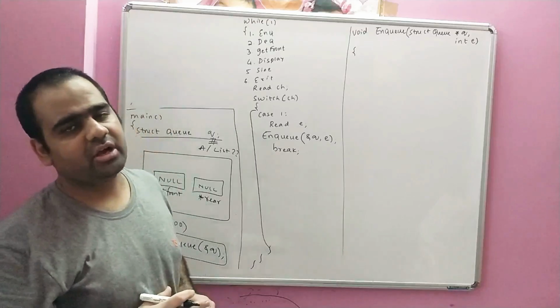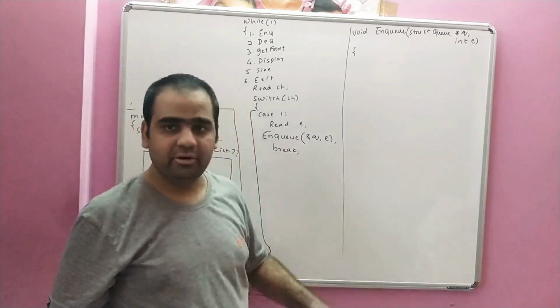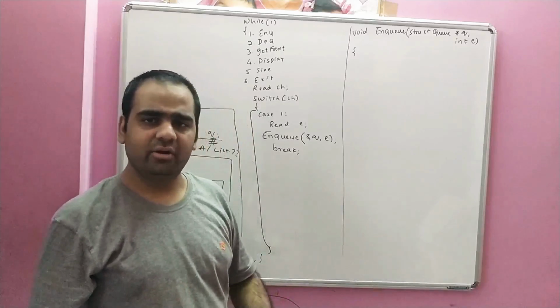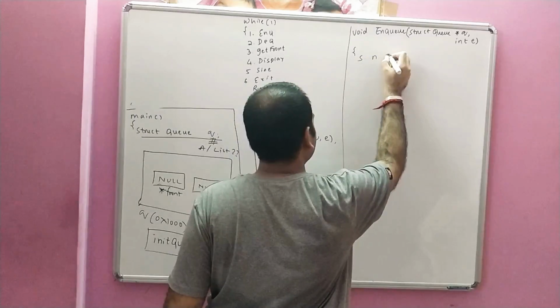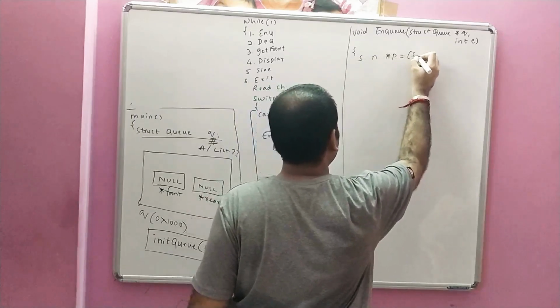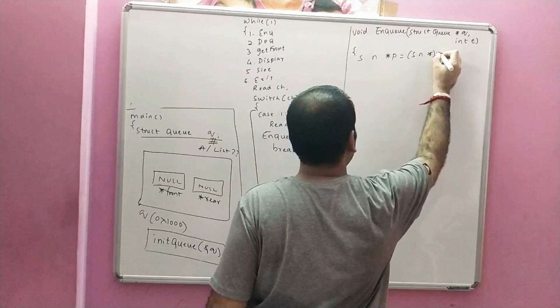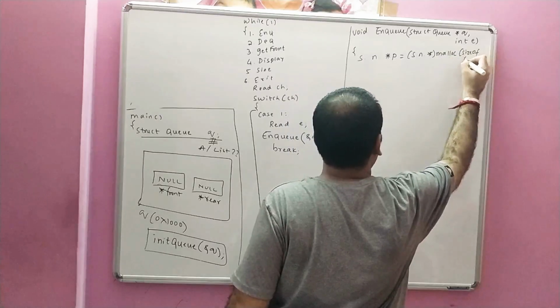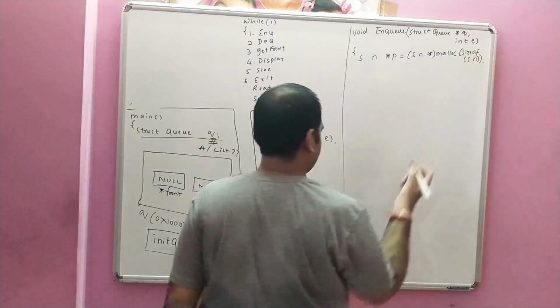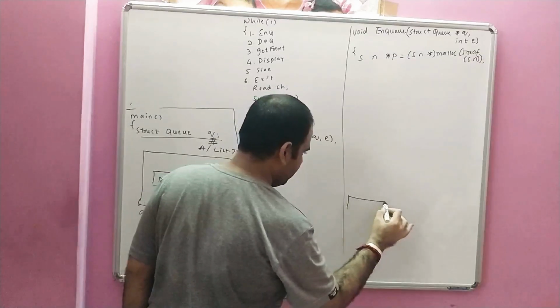A linked list is a collection of nodes. That means I need a node over here. If I need a node, I have to create a node. How do we create a node? I say struct node star p is equal to struct node star malloc of size of struct node. Now a node will be created.